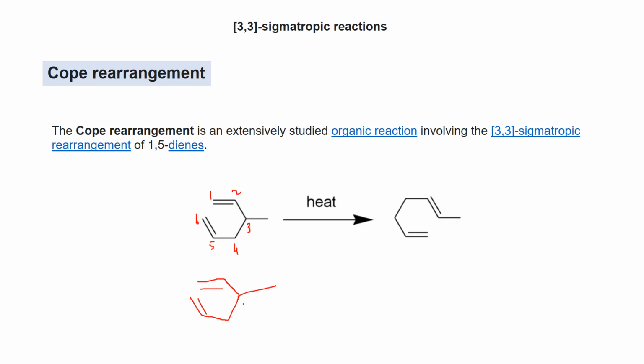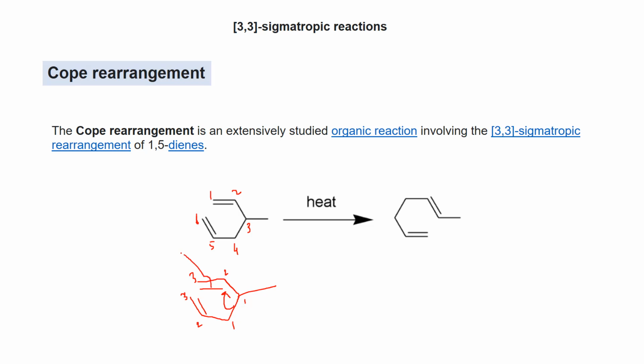Across the sigma bond the numbering will be 1, 1, 2, 2, 3, 3. So what will happen in this 3,3 sigmatropic reaction? The bond between 1,1 will be broken and a new bond will be formed between 3 and 3. So let's start. This part will go here.